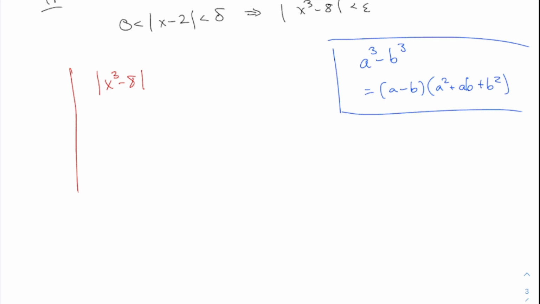So that means I can simplify this to be, first of all, x minus 2, right? In this case, the a is x and the b is 2, because 2 cubed is 8, right? And then the rest of it, x squared plus 2x plus 4, all right?